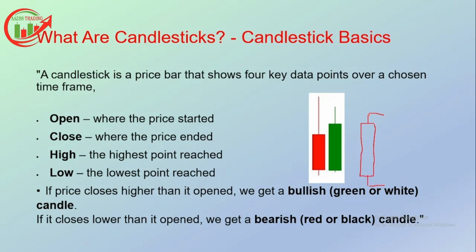Then, maybe due to some condition in the market, it came down to this level. This place here is the highest point the market reached, so I classify this as high. Let me put an H there. And here is the lowest point the market has reached.